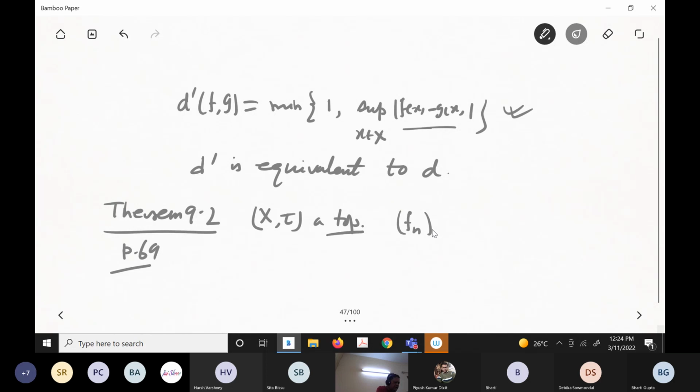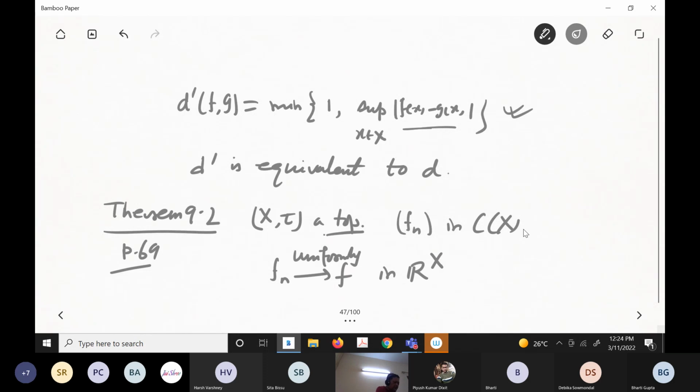Now look, F_n is a sequence of continuous functions in C(X), which makes sense because I have taken a topological space. And suppose F_n goes to F uniformly, here meaning uniformly in R to the power X.